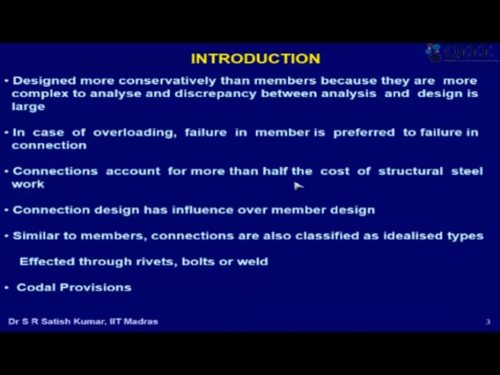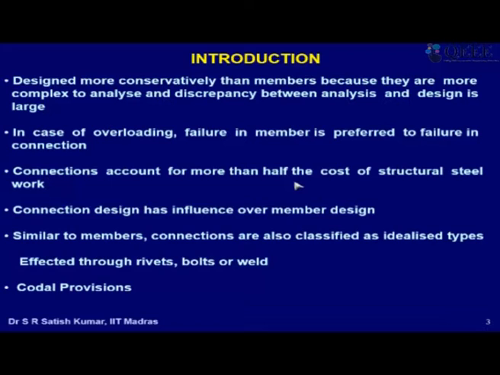So generally we do a member design and then we do the connection design for that member, and then again we should go back and make sure that whatever we assumed in member design, like suppose I would have assumed 2 bolts, whether I have provided exactly 2 bolts. If I have assumed a net section of some value, I may have to assume some bolt diameter and deduct the hole for that from the cross section to get a net section.